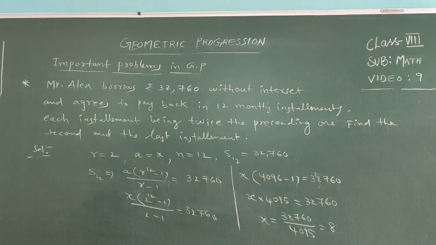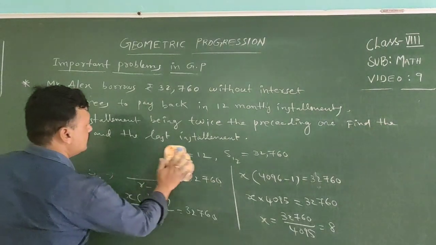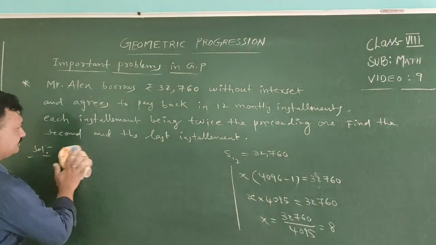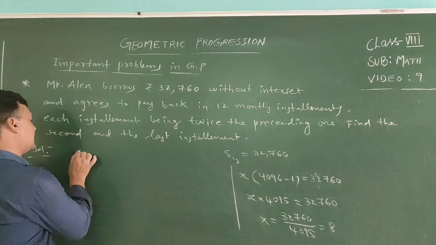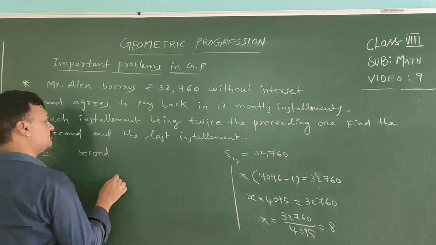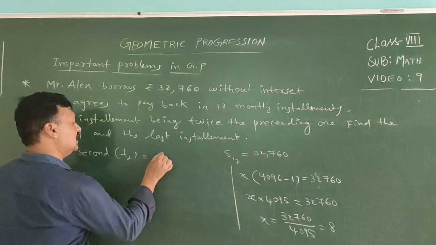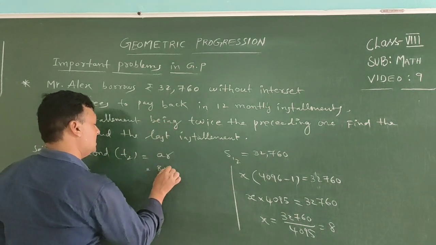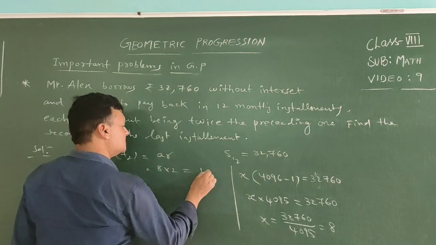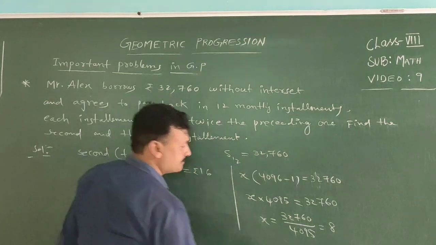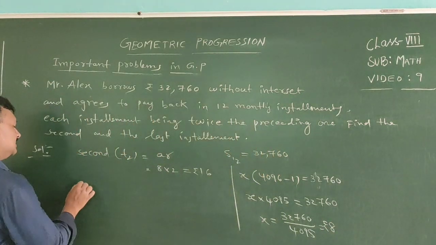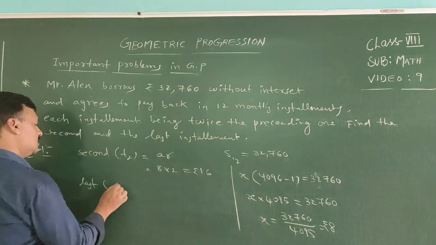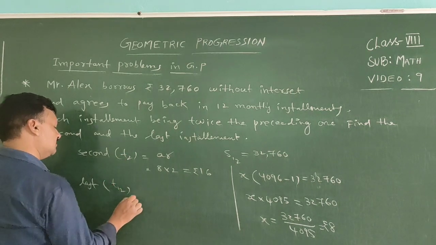But we need the second and last installments. Second installment T2 equal to AR. A means 8, R means 2, so the second installment is 16 rupees. For the last installment, in 12 installments T12 is the last one.